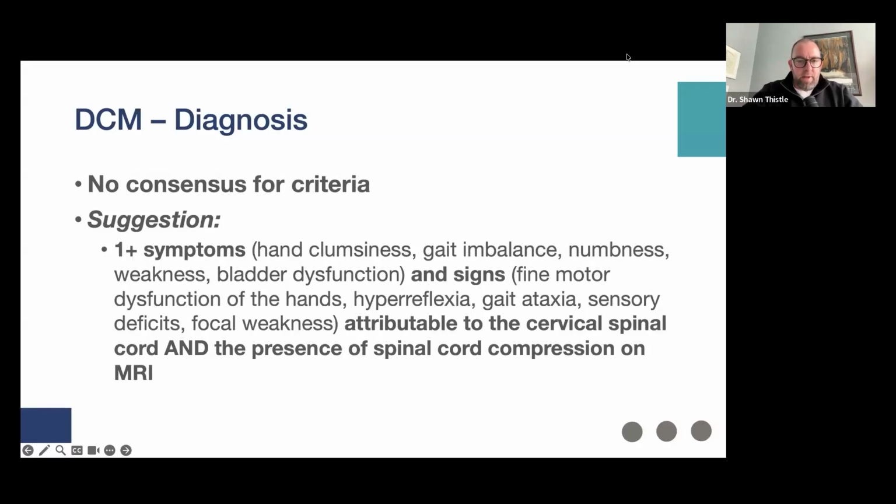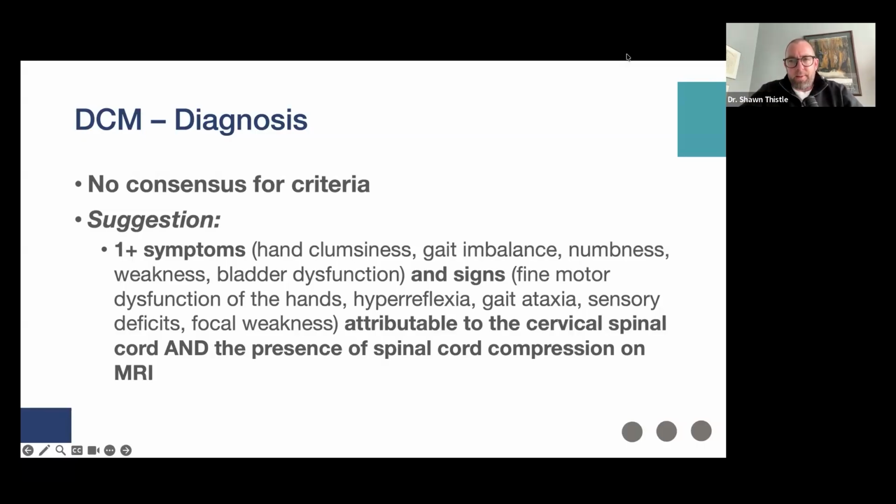So any of these: hand clumsiness, imbalanced gait, or increased falls, numbness, weakness, or bladder dysfunction, and other things like fine motor dysfunction, dexterity changes in the hands, hyperreflexia, gait ataxia, sensory deficits, or focal weakness, that you can track back to the cervical spine, and then add some confirmation with MRI.